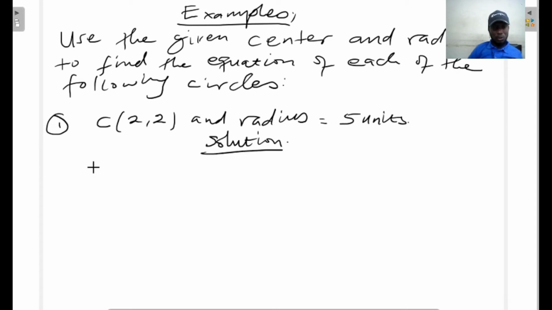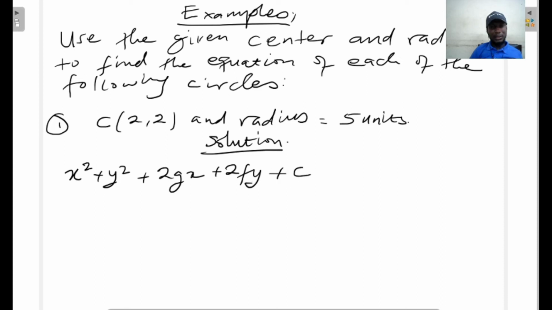And we have to quote the general formula first, which is x squared plus y squared plus 2gx plus 2fy plus c equals 0, where the center is negative g, negative f.